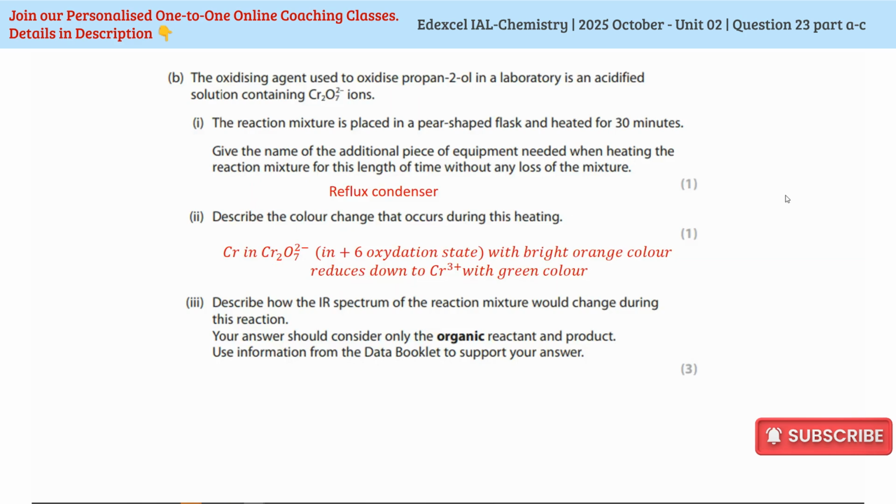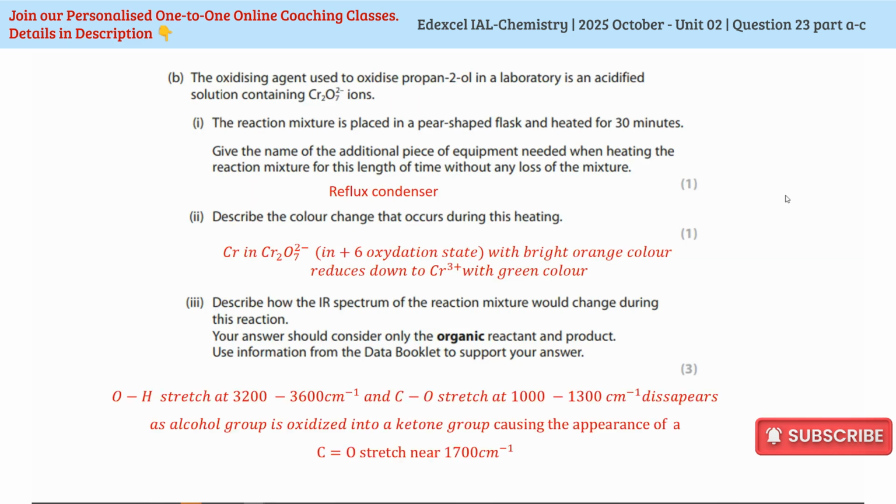Describe how the IR spectrum of the reaction mixture would change during this reaction. Your answer should consider only the organic reactant and product. The organic reactant here is an alcohol, which contains C-O stretching and O-H stretching at 1000 to 1300 and 3200 to 3600 per centimeter respectively, and these are going to disappear from the IR spectrum of the propanone.